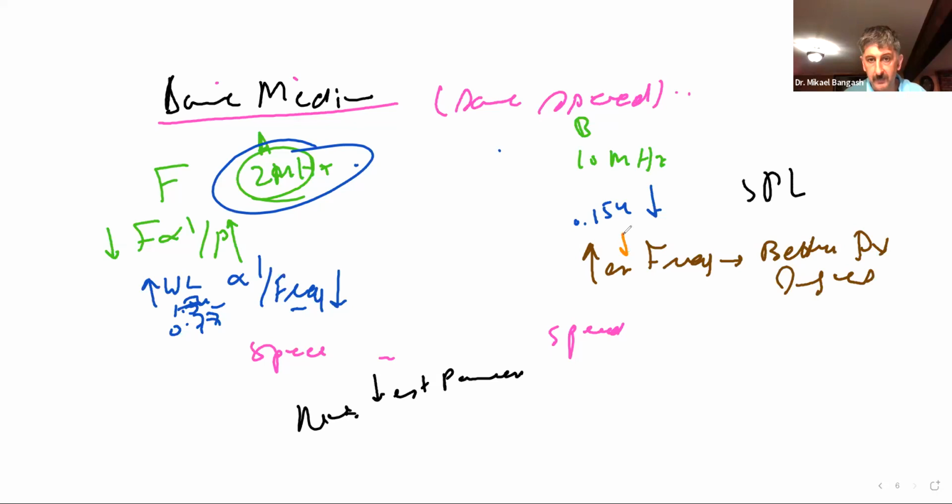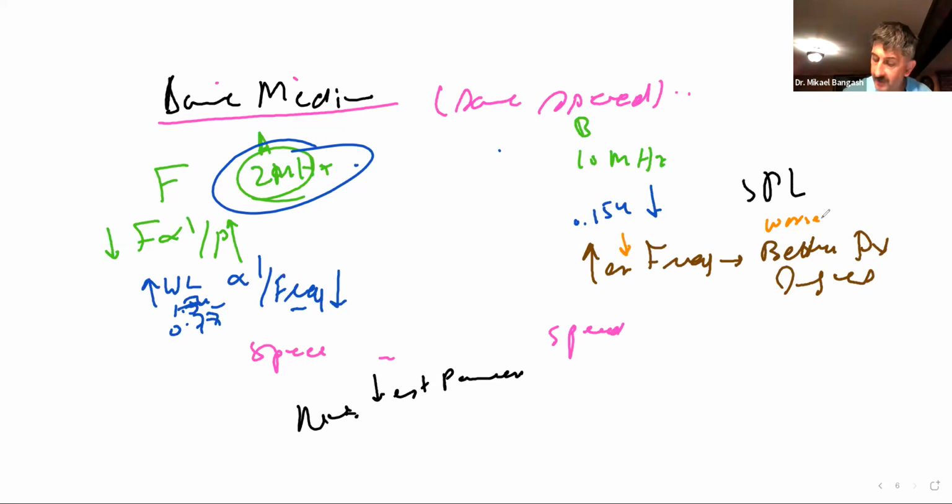Is a lower frequency transducer going to give us better images? No, lower frequencies give us worse imaging. Something that's going to become more obvious as we proceed through the course.